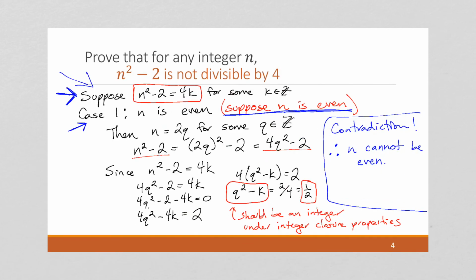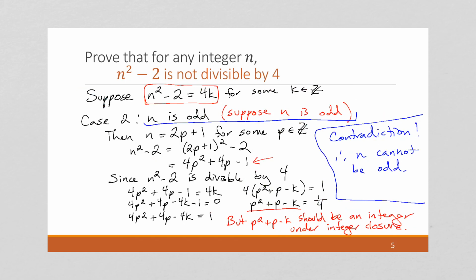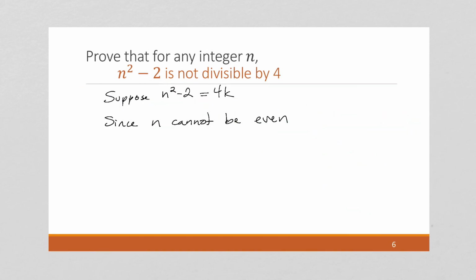Right, we said that back here, that n cannot be even. And then we said n cannot be odd. Putting these together, since n cannot be even and n cannot be odd, n cannot exist. Right? Because there's no other choices.